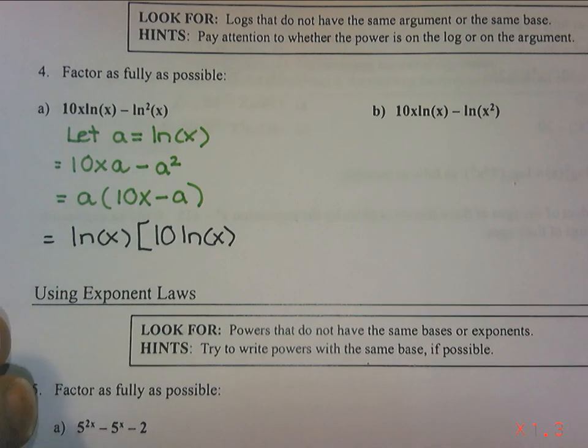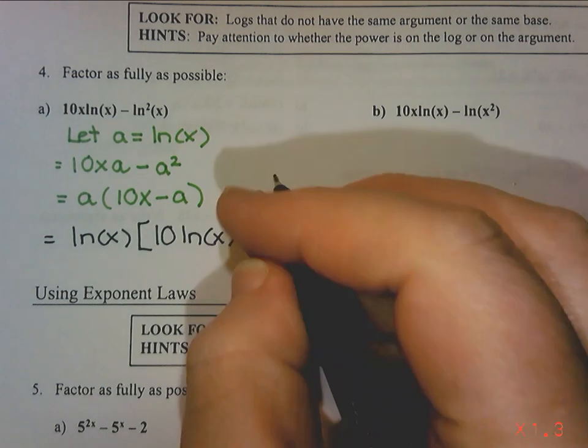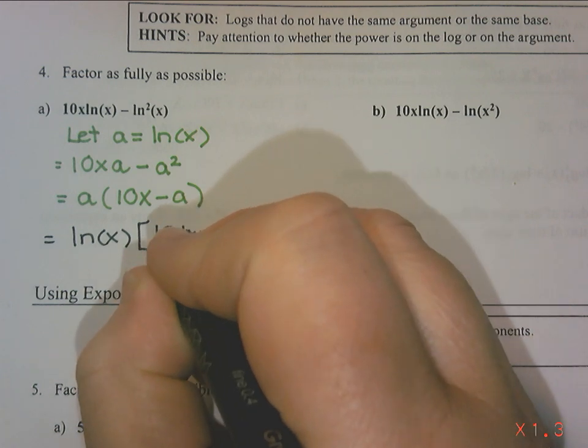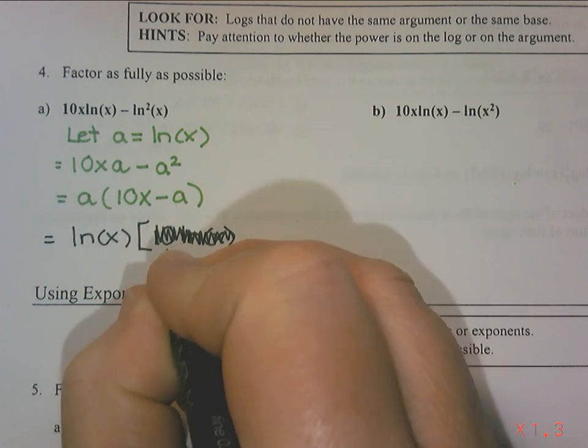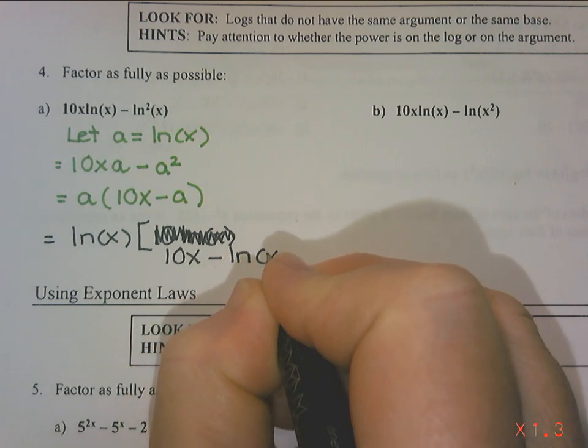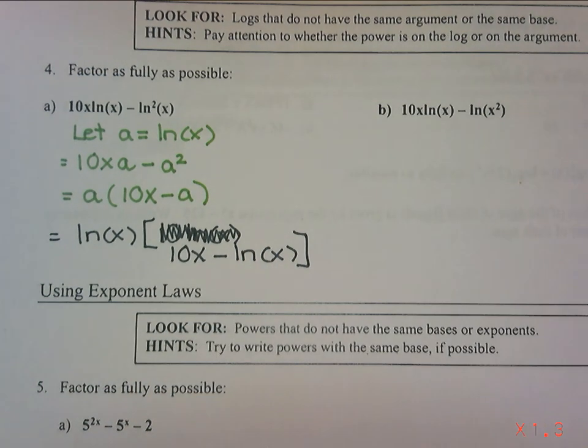I don't know where my correction tape is, so I'm just going to have to cross it out. Sorry about that. So this is just 10x, let's just cross the whole thing out. So I have 10x and then minus ln of x. And that would be my final answer in factored form.